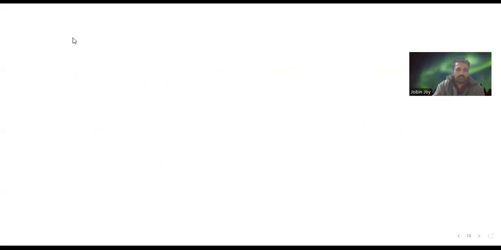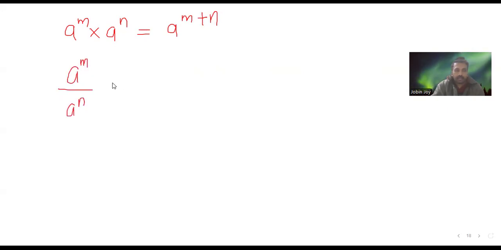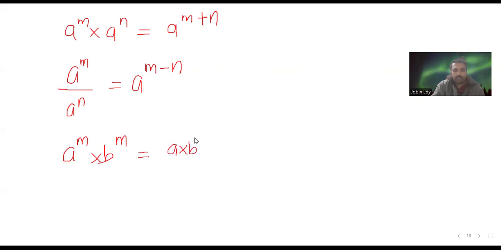The important laws of exponents, once again: a raised to m into a raised to n equals a raised to m plus n. Then a raised to m divided by a raised to n equals a raised to m minus n. Then a raised to m into b raised to m equals a into b the whole raised to m.